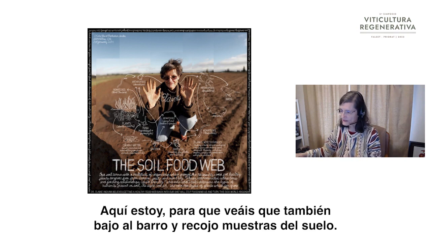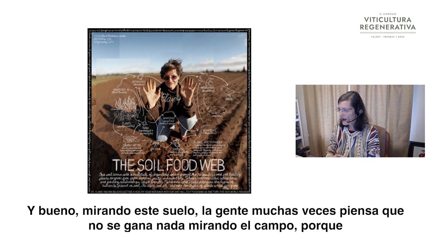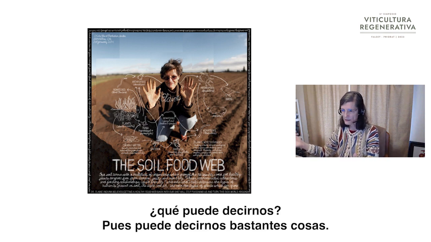Here I am, showing you that I do get my fingers dirty, taking soil samples and looking at this soil. People often think there's nothing to be gained by looking at the field itself, because what can it tell you? Well, it can tell you quite a bit.